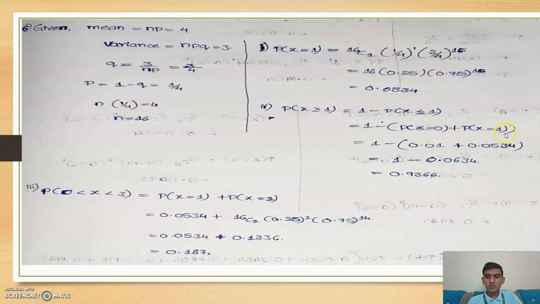After putting the values, the answer is 0.9366. Next is P of X lies between 0 and 3, that is P of X equal to 1 plus P of X equal to 2. Substituting the values, 0.0534 plus 0.1336 is 0.187. This is how the numericals are solved with the mean.